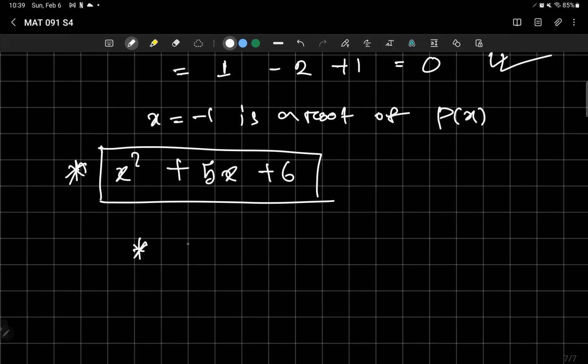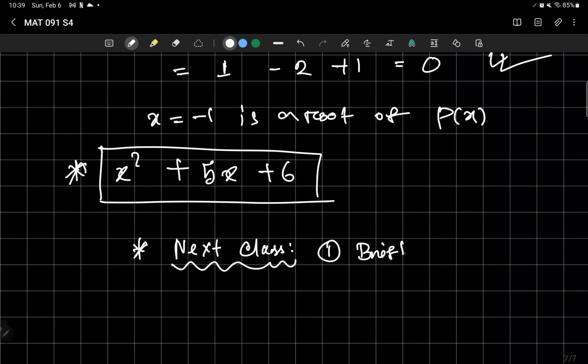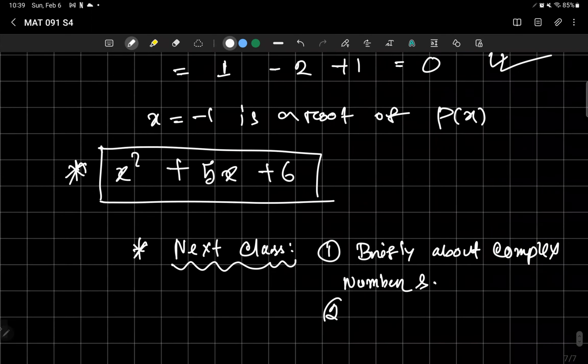So in the next class, I will talk briefly about complex numbers. How many classes do we have? Like 3 more, right? So the next class will be on complex numbers and the rest of the classes will be dedicated to algebra, because I do think you need to have a solid algebra background to continue with this course.